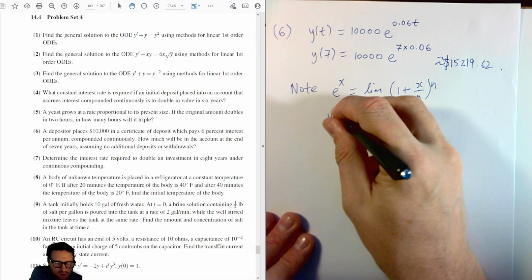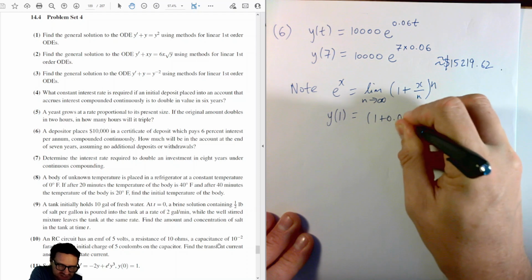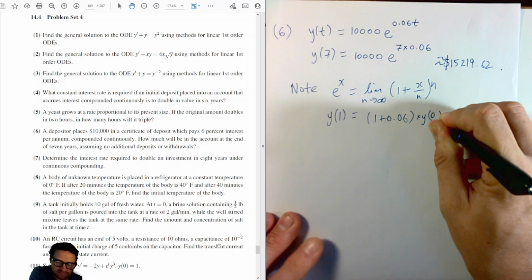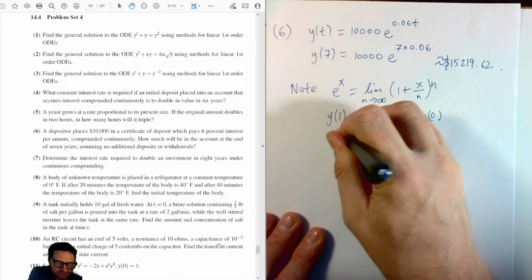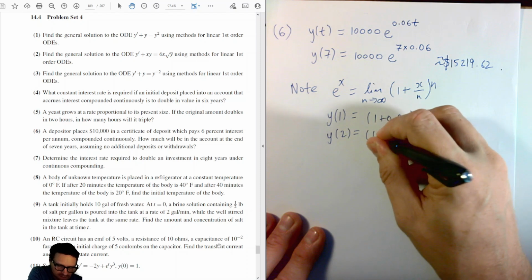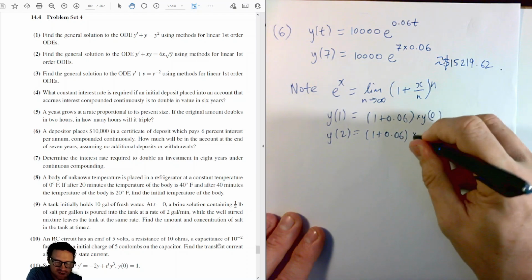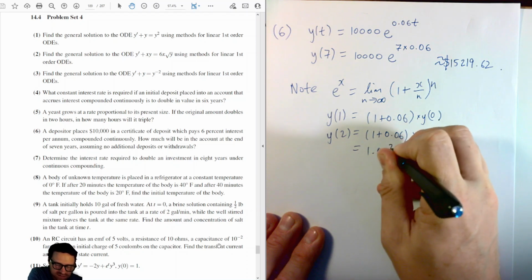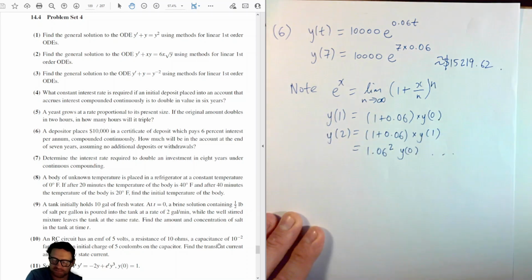And so y of 1 will be 1 plus 0.06 times y of 0, and then y of 2 will be 1 plus 0.06 times y of 1, which is 1.06 squared times y of 0, and so on.